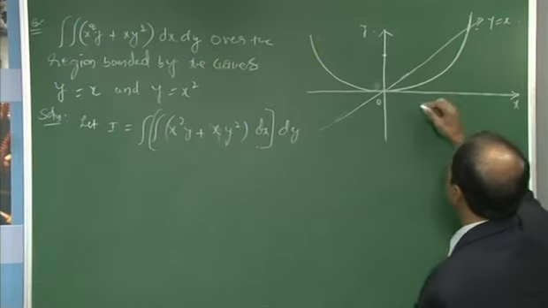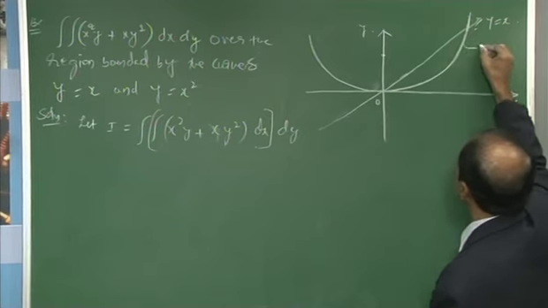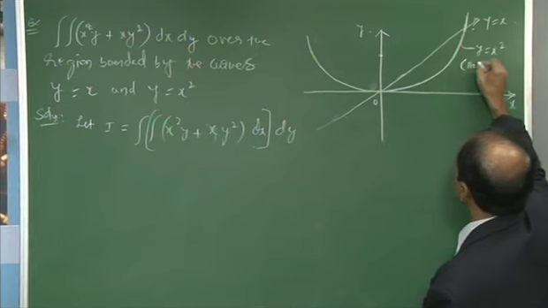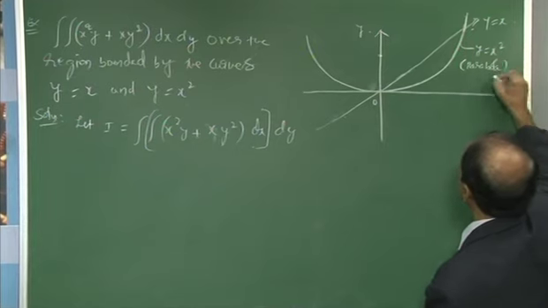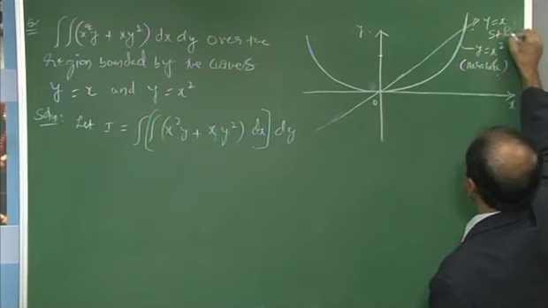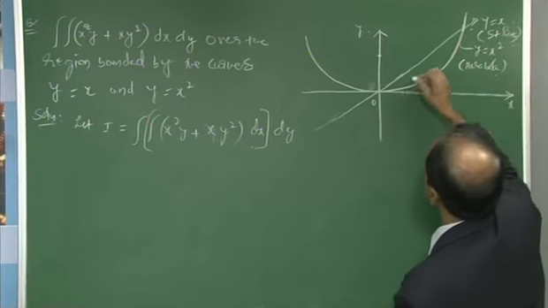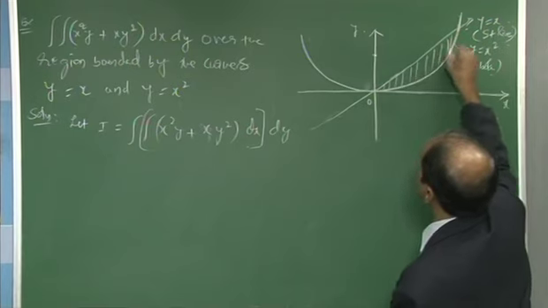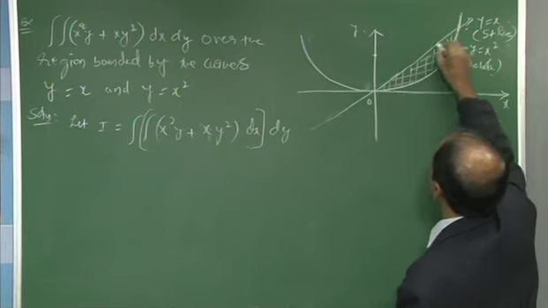Now, the intersected part between these, y equal to x square is a parabola, and this is a straight line. The intersection between these two curves is this part.